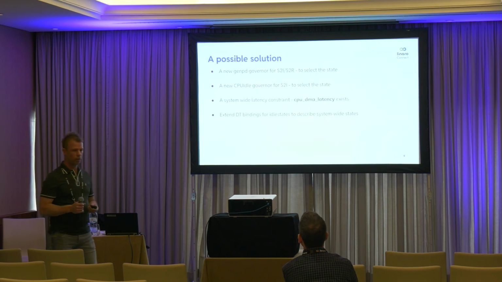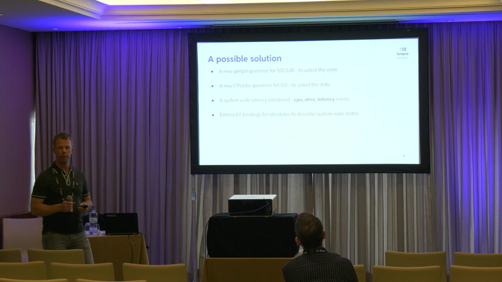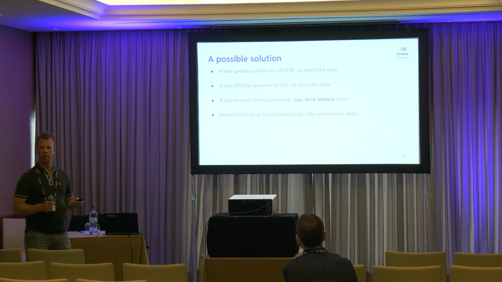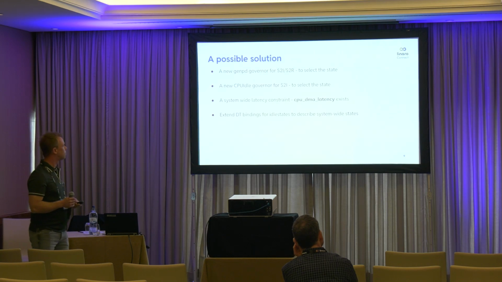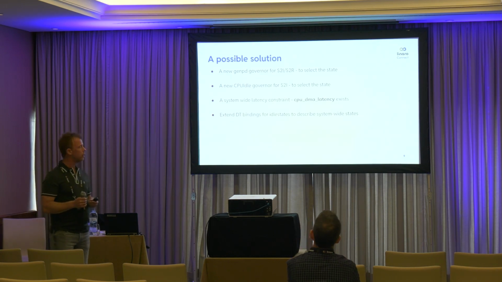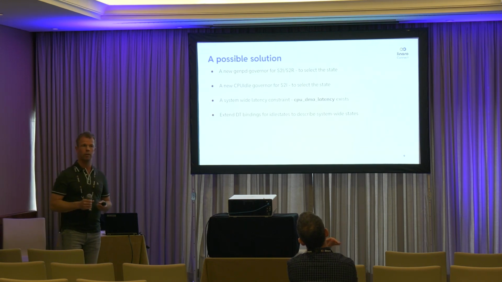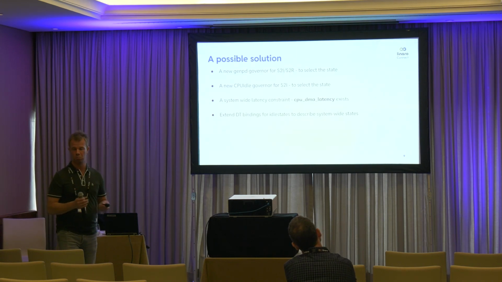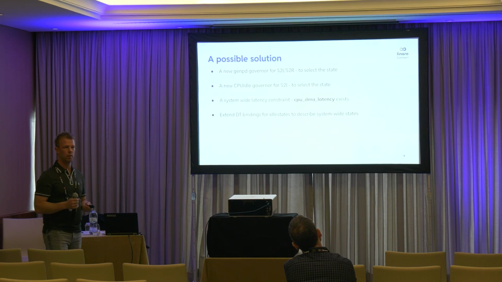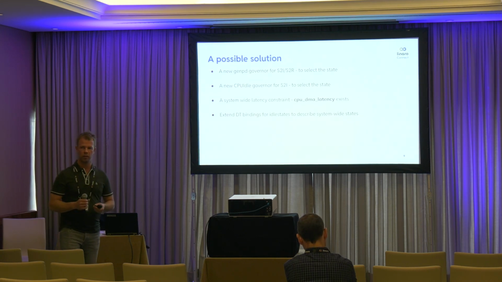So the possible solution, and I don't know how many people are involved in this area of Linux kernel development, but from a top-level point of view, this is what I think we should do. In principle, the generic power domain needs to be given a governor for system-wide states, so it can validate some constraints before it selects the states.